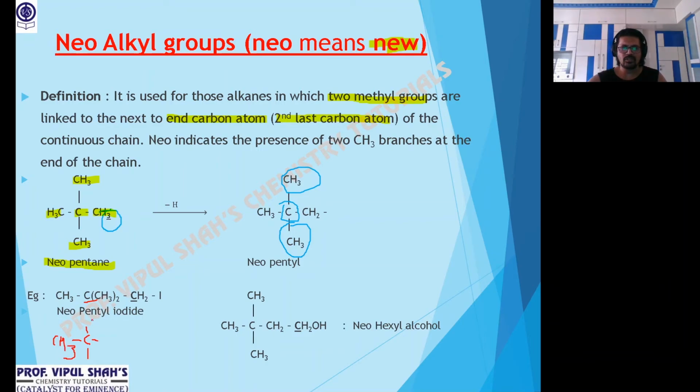Now CH3 twice. Meaning on top there is one methyl. Down there is one more methyl. On the right hand side there is a CH2 group. And last we have a functional group I.